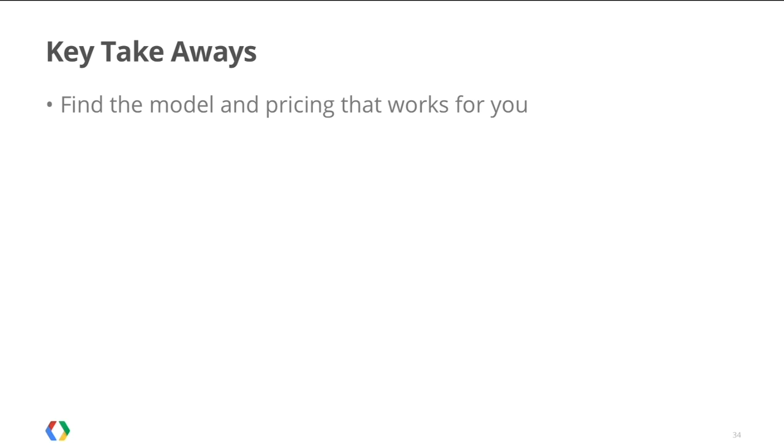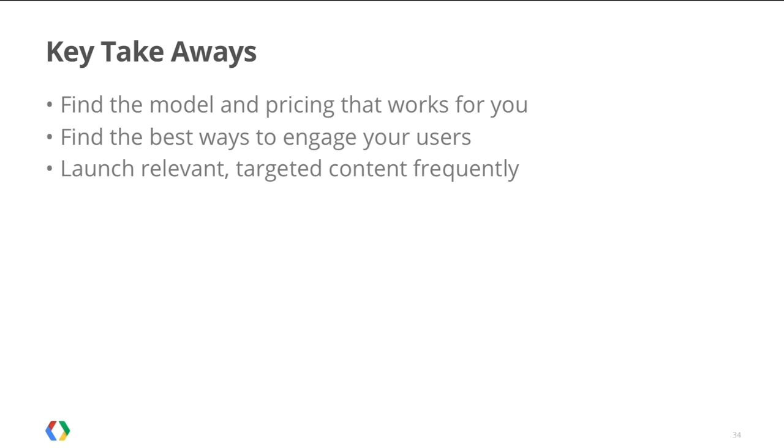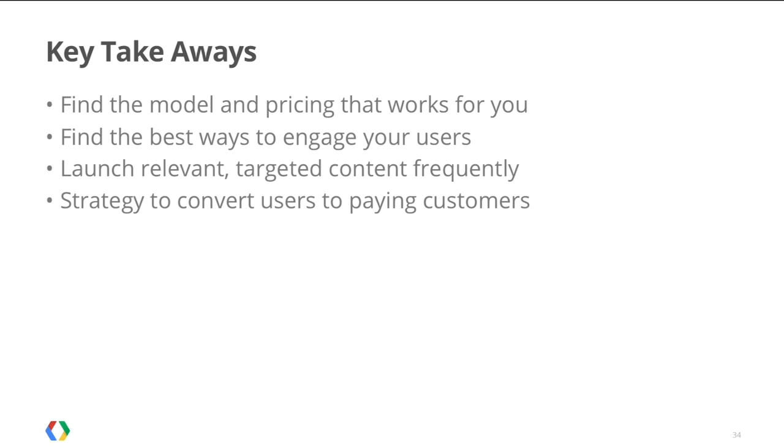So some key takeaways. Number one, find the model and the pricing that suits you. Go take a look at some of these titles that are successful, what their price range is to be competitive, and what your offering is. Number two, find the best ways to engage your users through frequent updates and promotions, timely incentives. Launch relevant targeted content. Convert those users to paying customers.